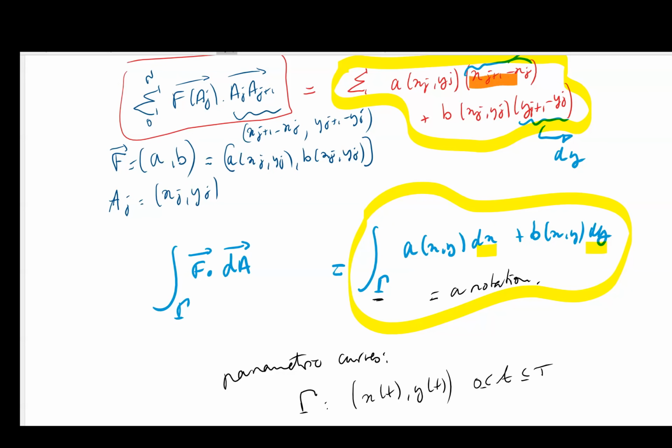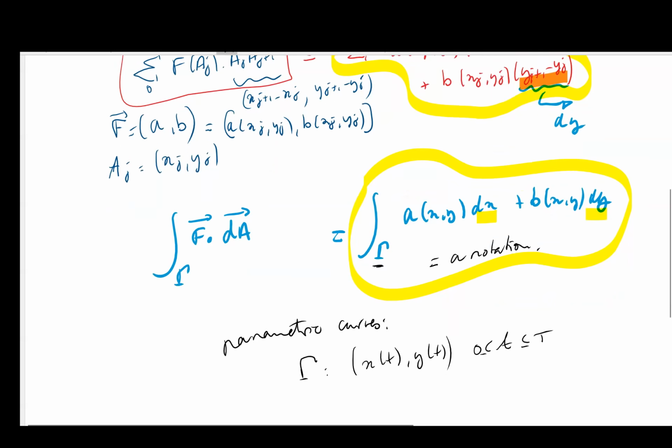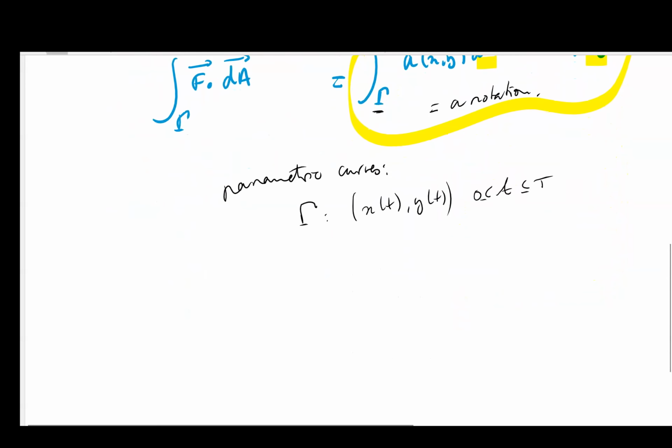So what does this kind of term become now that you know that x depends on t and y depends on t? Let's write that. When we write something like xj, it corresponds actually to x at some time tj.